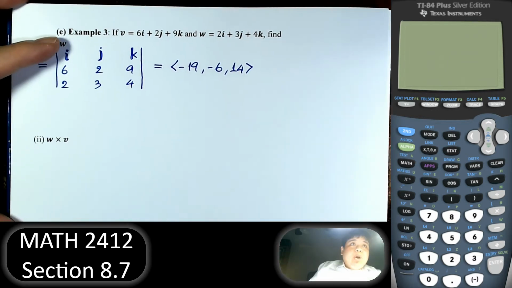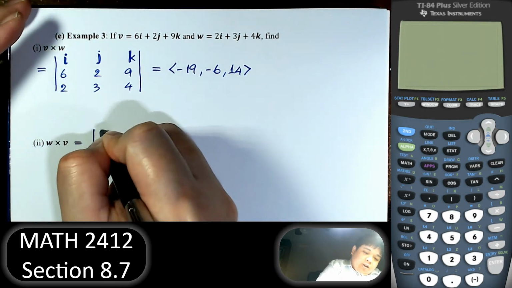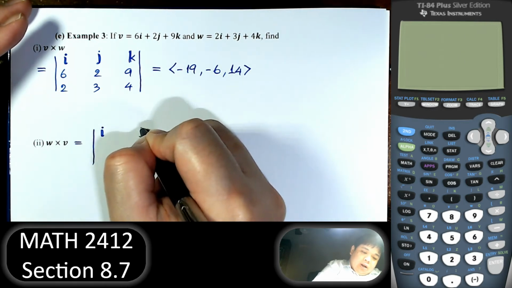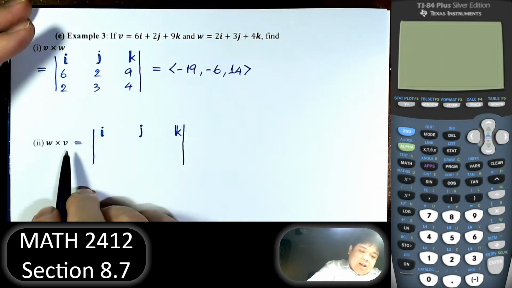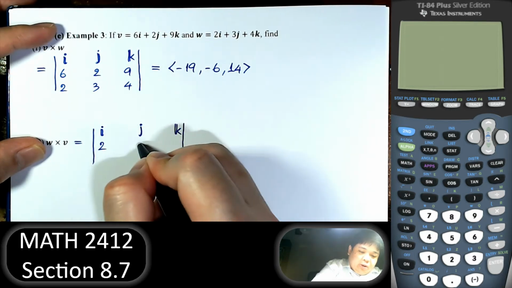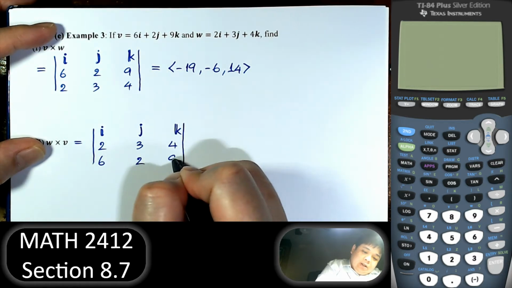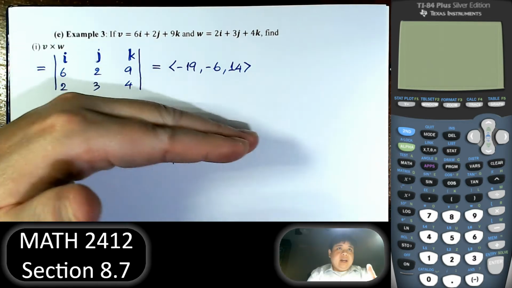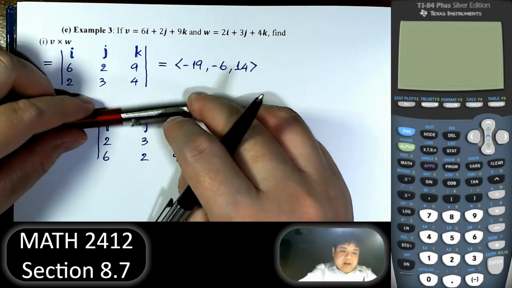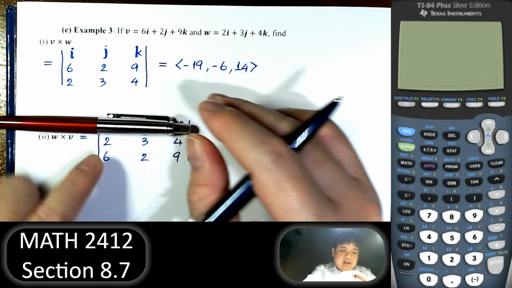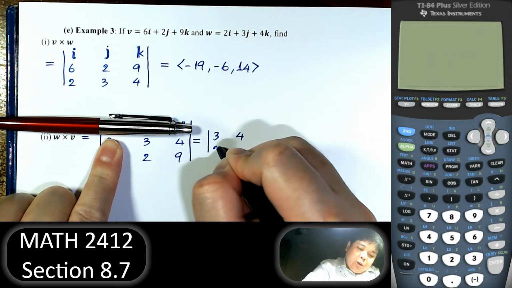Now, W cross V. The first row is the component vectors ijk. The second row is vector W, 2, 3, and 4. And then 6, 2, and 9. Again, evaluate along the first row. Cover the row and the column containing I. We have 3, 4, 2, and 9.